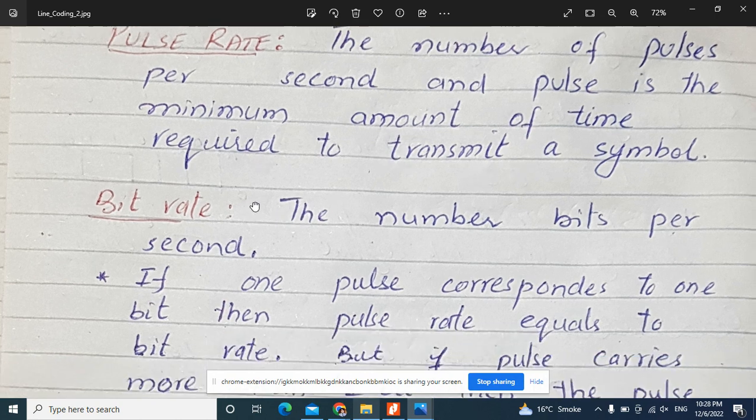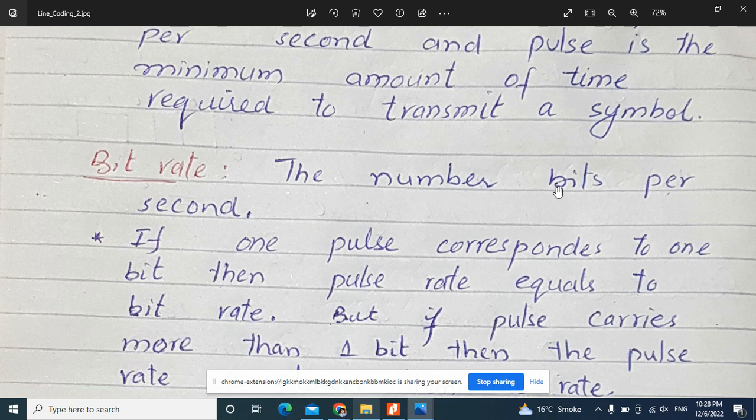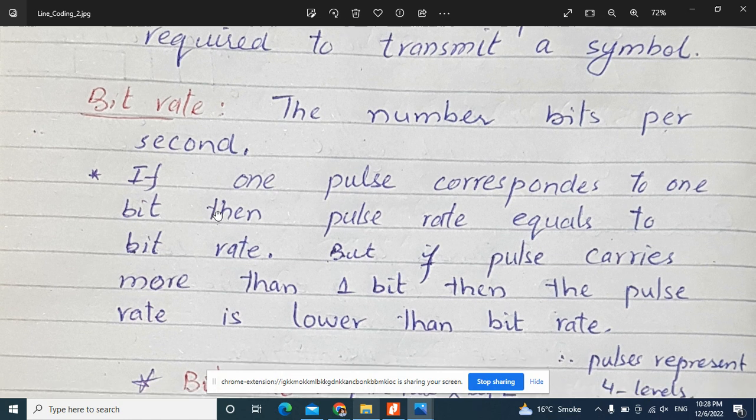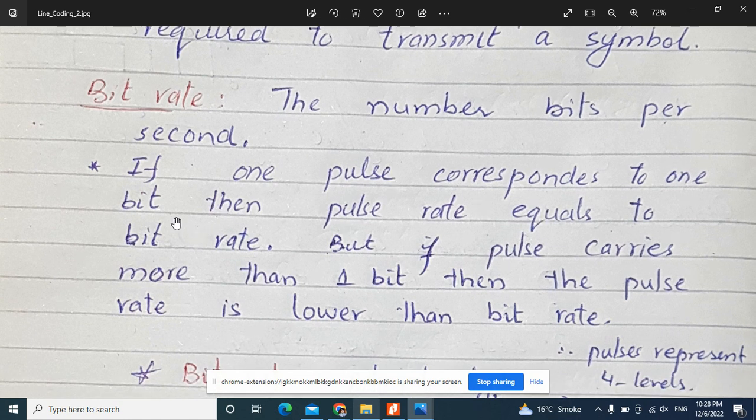The bit rate is the number of bits per second. If one pulse corresponds to one bit, then the pulse rate is equal to the bit rate. But if a pulse carries more than one bit, then the pulse rate is lower than the bit rate.